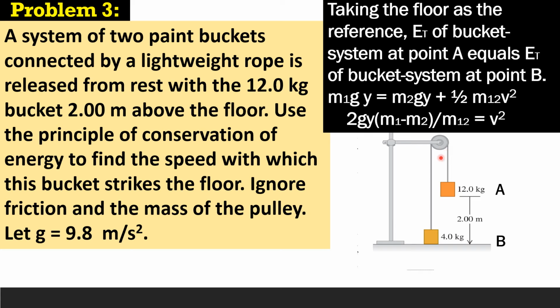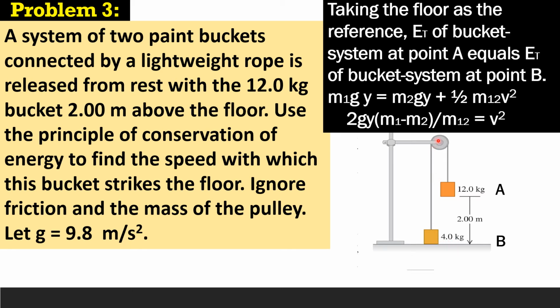The tension force exerted on the 12 kilogram body is somewhat opposing the force of gravity. You can imagine that this tension force is the same tension force that's also acting on the 4 kilogram mass.